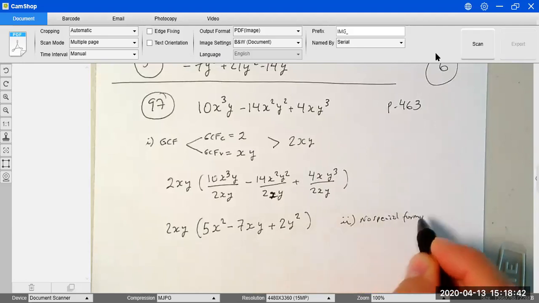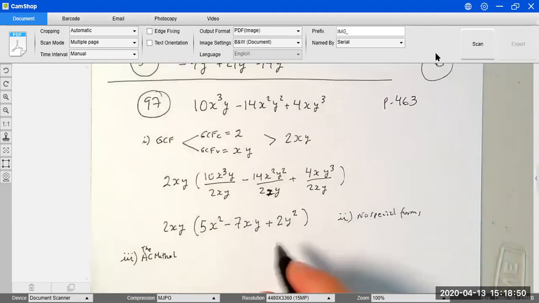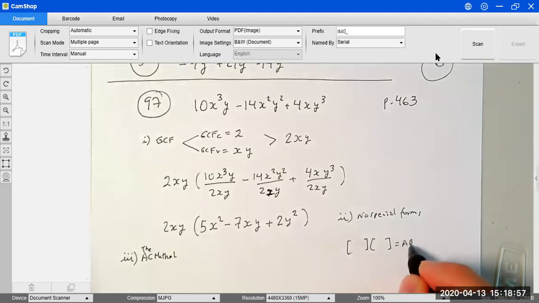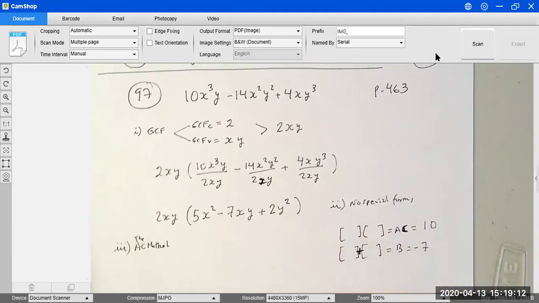So now you can see that there are no perfect squares here, so there are no special forms that we can use. So we're going to go directly with the AC method to factor the trinomial. So I need two numbers. When I multiply them, I'm going to get AC, and AC is positive 10. And if I add up those two values, I'm going to get B, which is negative 7. So what are those values?